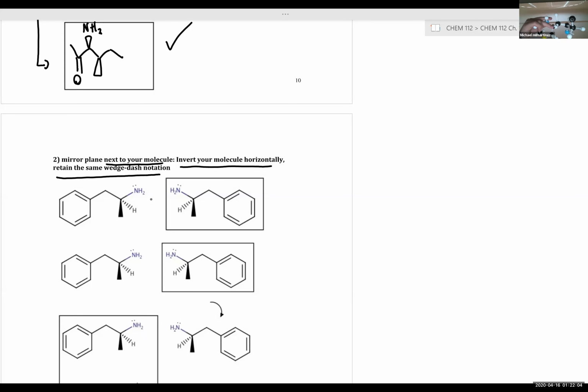Out, exactly right. So these two molecules are enantiomers. So you don't have to pay attention to just dash or wedge, but also the relative position of substituents. You also have to pay attention to the skeleton of your molecule.